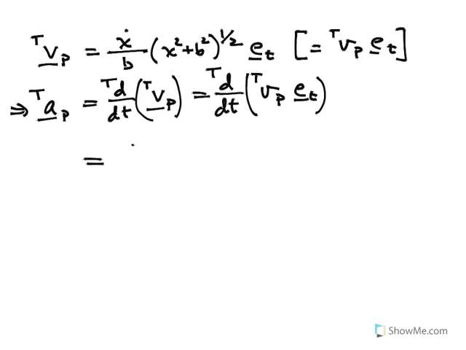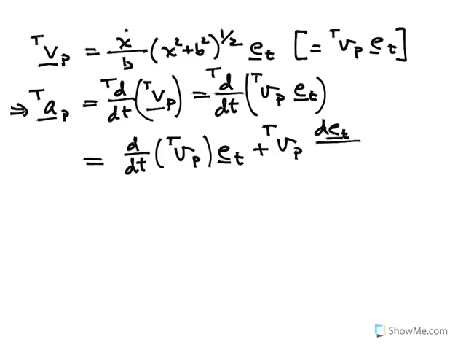This is equal to the rate of change of the speed times the tangent vector plus the speed times the rate of change of the tangent vector relative to the track. So you can see that we need the rate of change of the tangent vector relative to the track. That is going to be our next step.